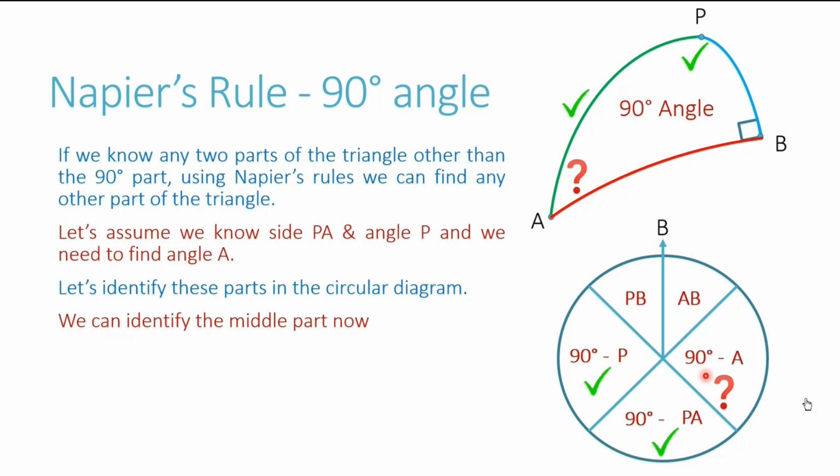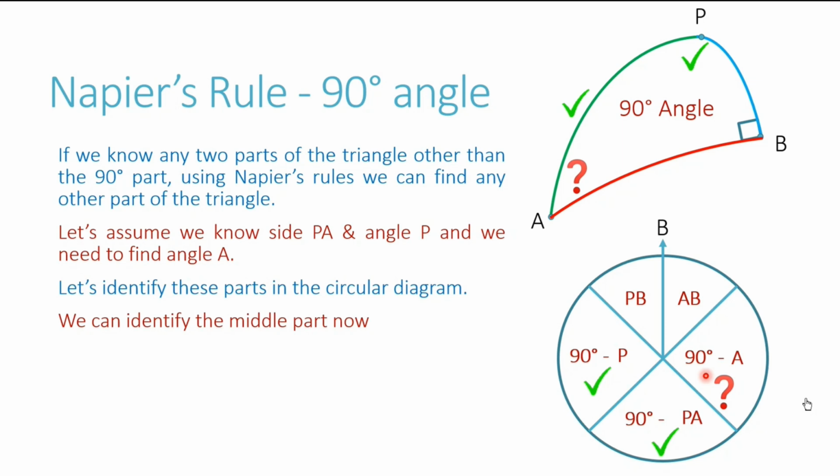Now, why do we want to have both the parts as adjacent parts or both the parts as opposite parts? The reason is, if you look at the two formulas which we have, either they consist of adjacent part 1 and adjacent part 2, or they consist of opposite part 1 and opposite part 2. We do not have a formula in which we have an adjacent part and an opposite part together.